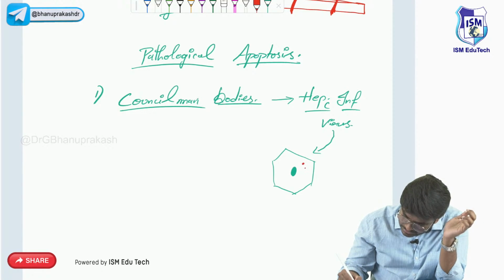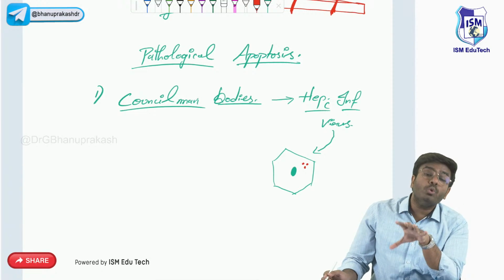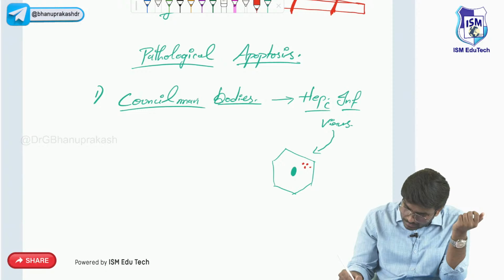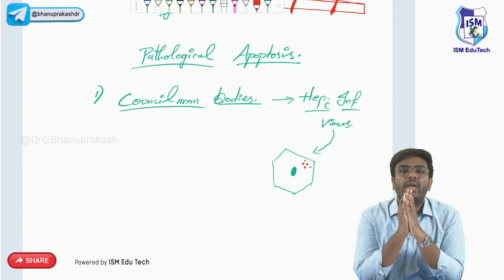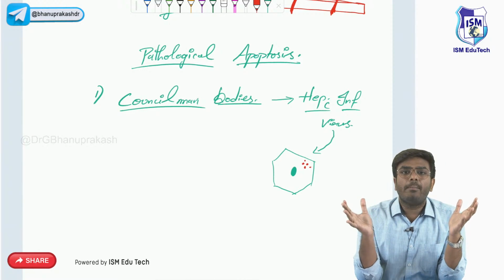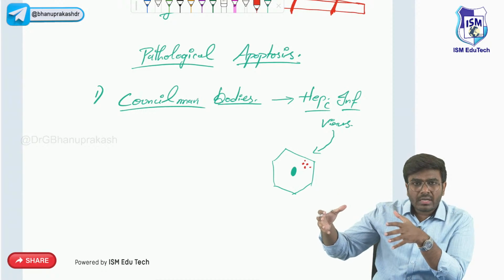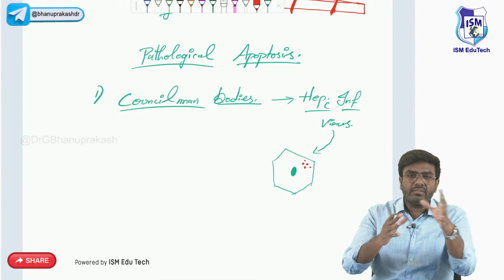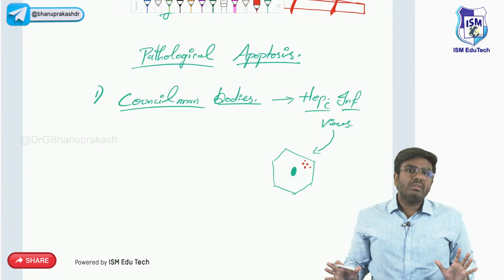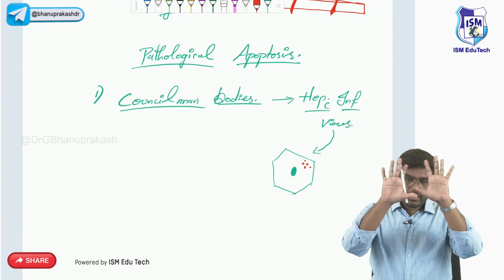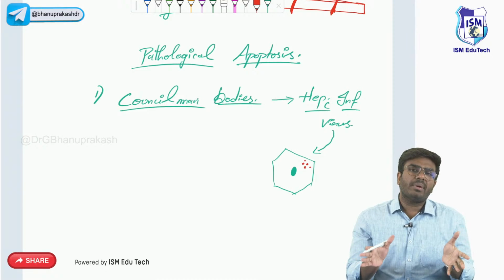Now, what is this virus doing inside a hepatocyte? This virus is using the hepatocyte as a host and it is multiplying. The hepatocyte knows, oh my God, there is a bad fellow inside me. Now this hepatocyte decides there is some mass replication of hepatitis C happening inside.